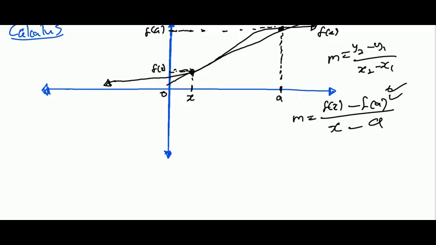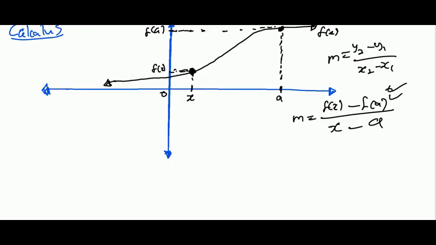So in this case, you know that the gradient of a curve differs according to the point. So you want to know the gradient of this curve at which point? Let's say at this point where I labeled a and x here, x and f of a, f of x. At this point, let's say we are looking for the gradient at that point.